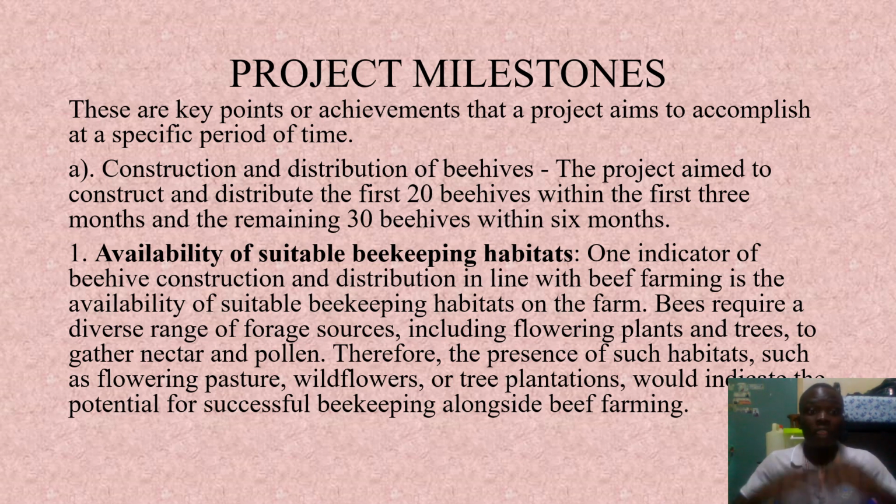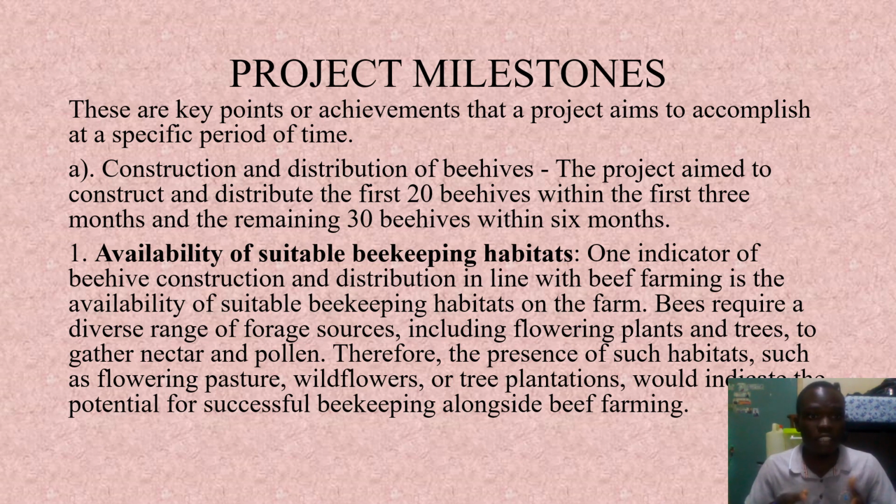Take for example, if the project aimed at constructing around 70 beehives, and in 3 months they have constructed around 40, and in the 6 months they have constructed around 30 more. That means in total there will be 70.